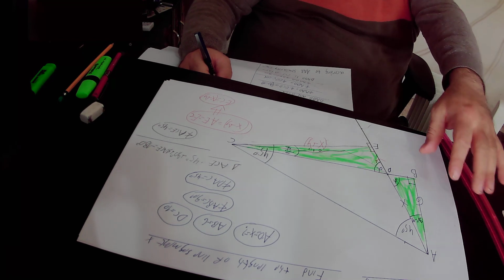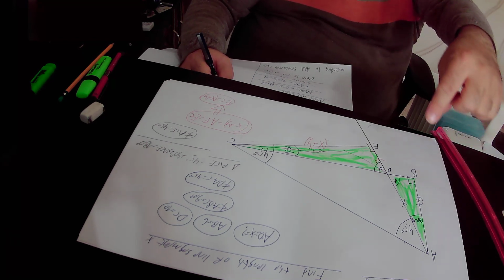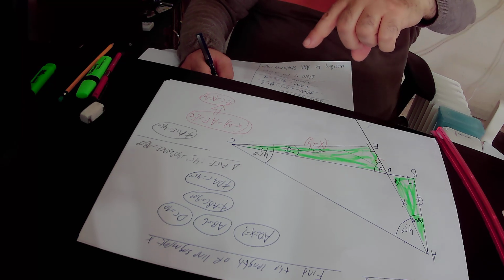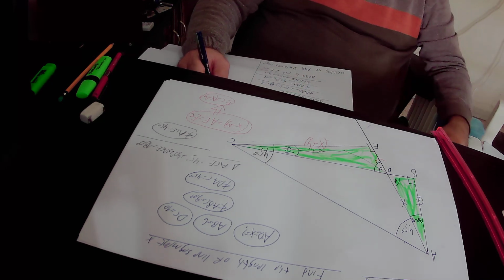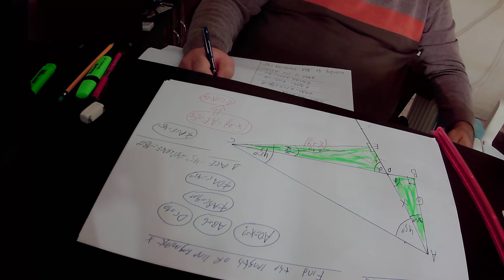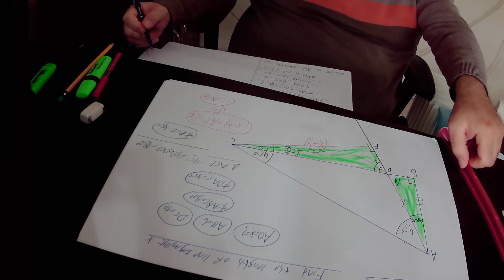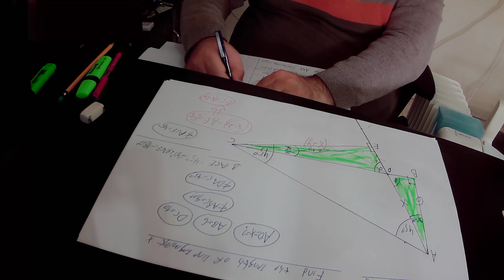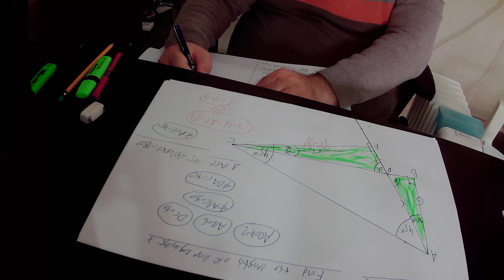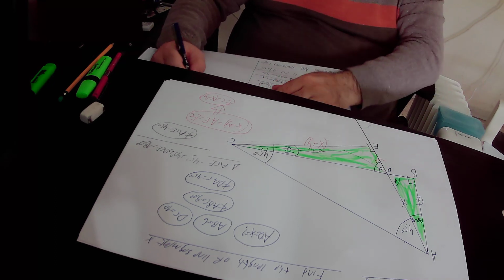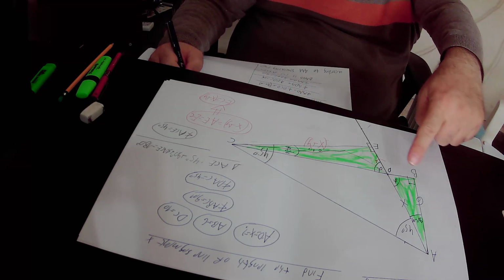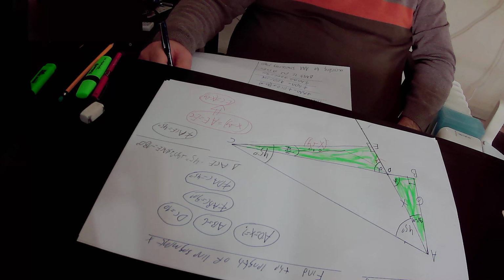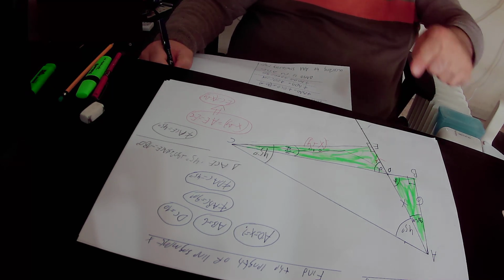We will conclude that AB over EC is equal to BD over DE and is equal to AD over DC.